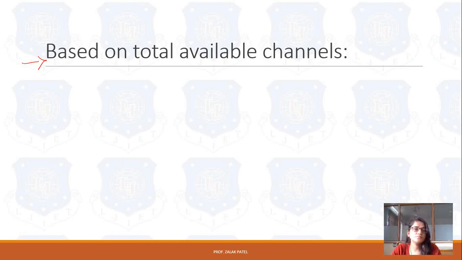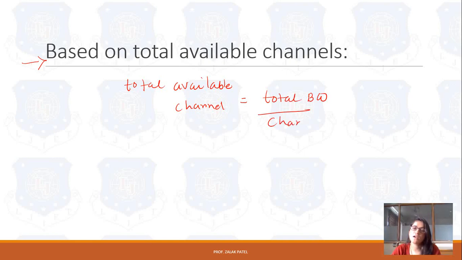So first, the total available number of channels is given by the total bandwidth allotted upon the channel bandwidth. Total bandwidth means the total spectrum that is given in the question, divided by the channel bandwidth.